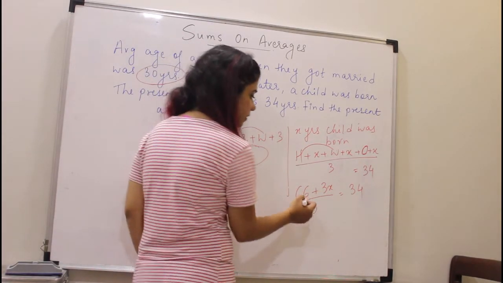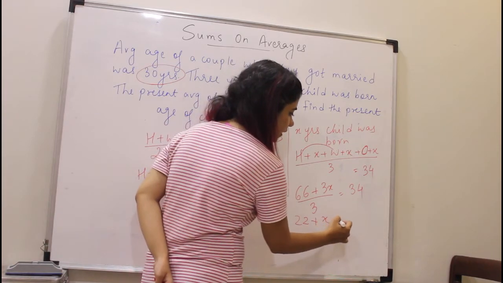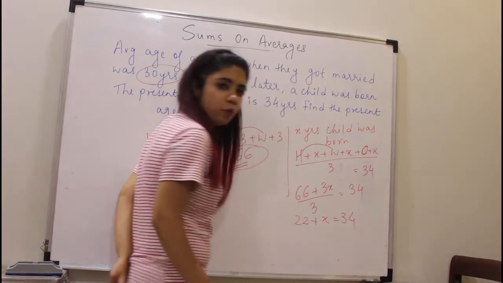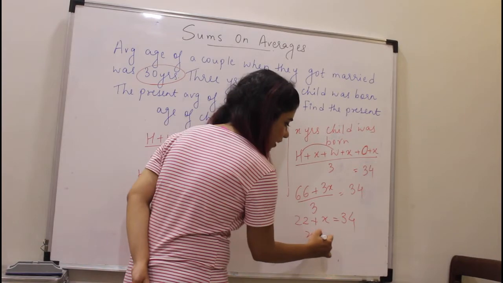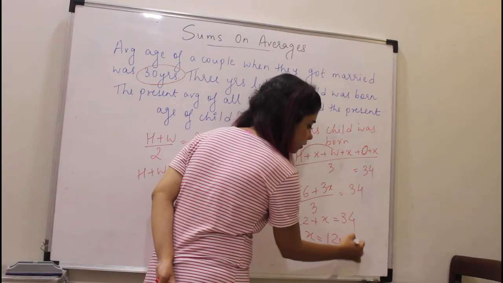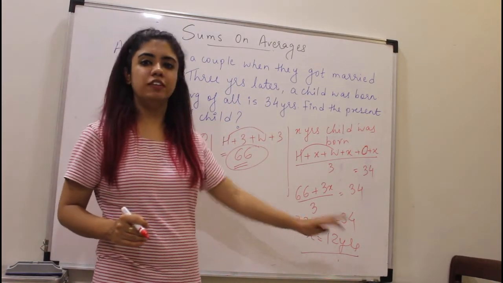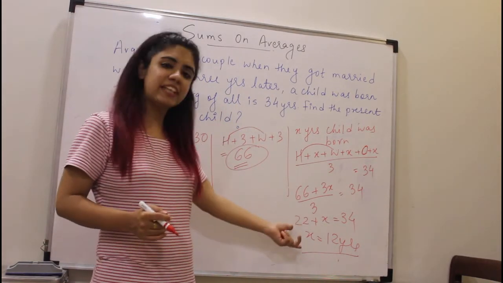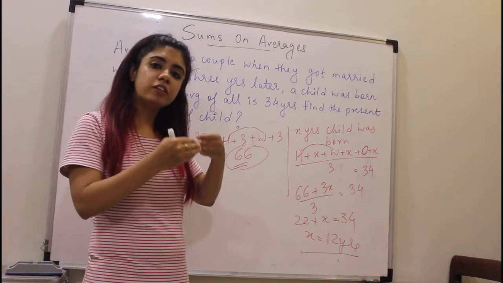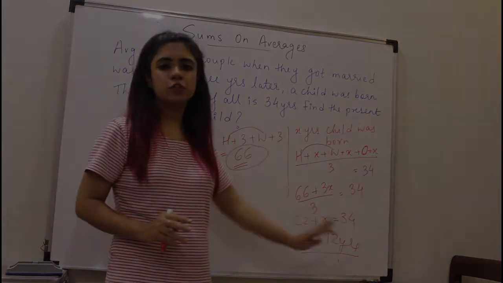So 66 upon 3 will be 22 plus 3x upon 3 will be x is equal to 34. So your value of x will be 34 minus 22, which is 12 years. So the child today is of 12 years. Okay? Because what is x? X is the number of years from the time the child was born. Okay? So your answer is 12 years.